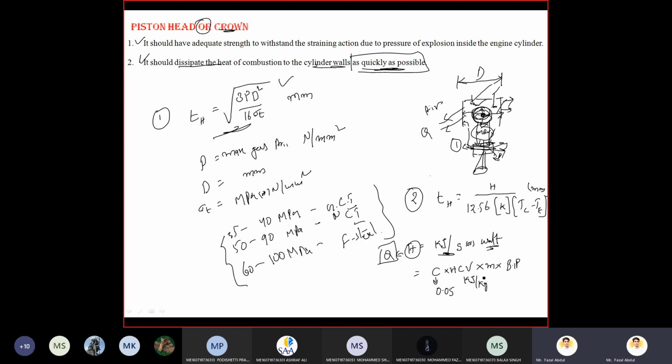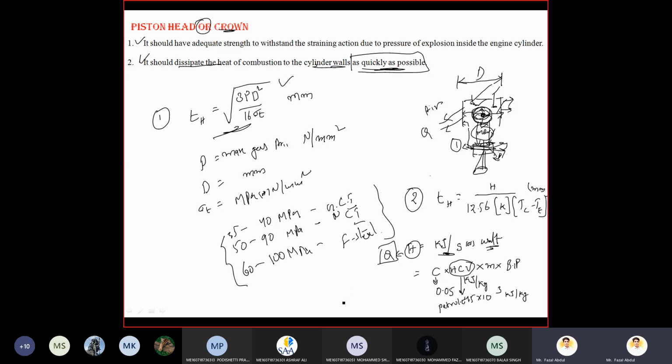Now here, if the problem is related to the petrol engine, the HCV value is 45 into 10 to the power of 3 kilojoule per kg.